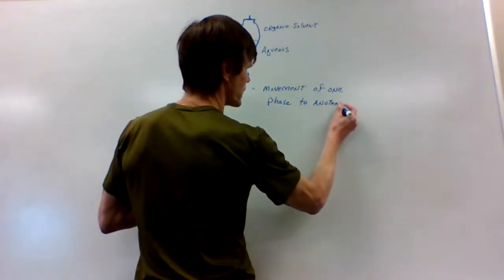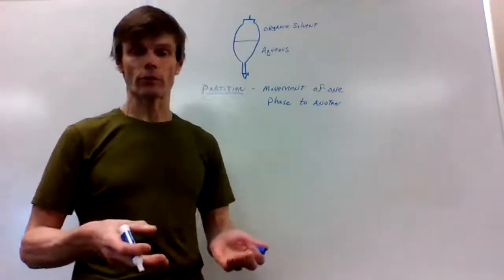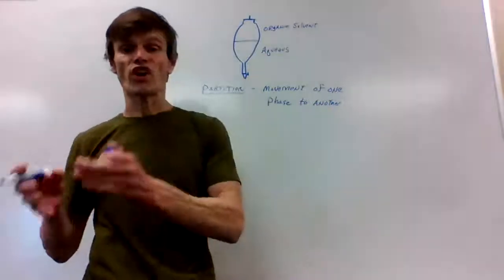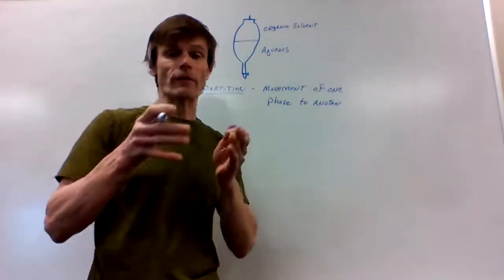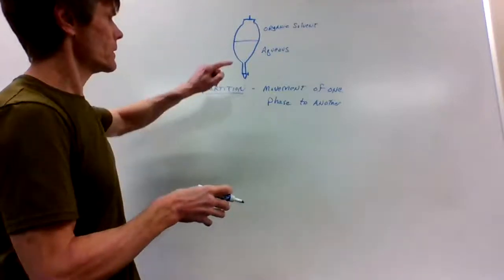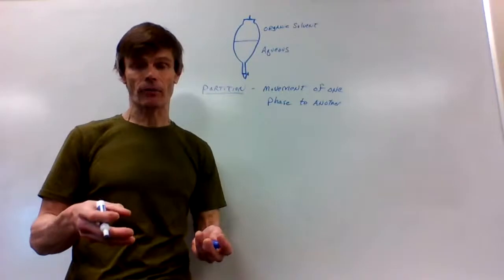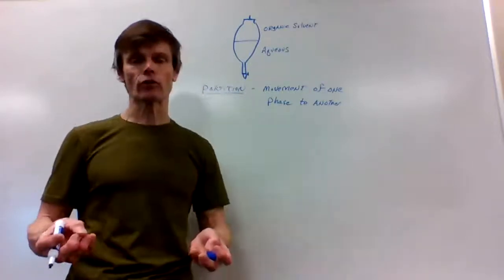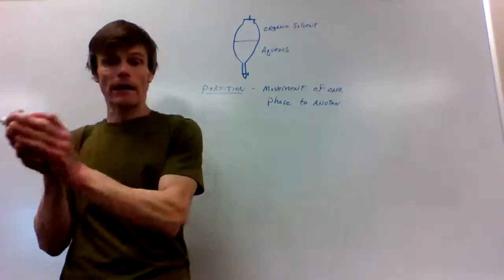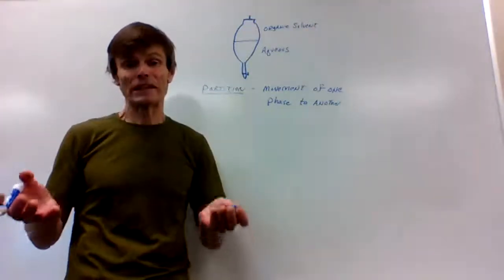And depending upon whether our analyte, our solute, is more polar or more nonpolar, it's going to have a favorable partitioning or movement either into the aqueous or into the organic phase. And what we're trying to do is remove that analyte from interfering species in the phase that it originally is in.